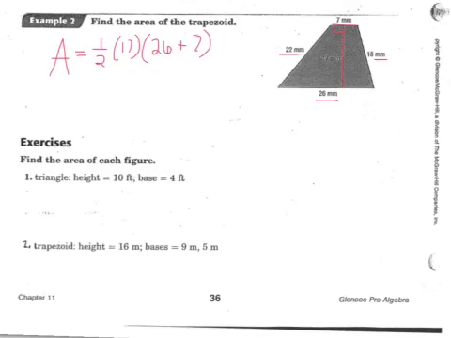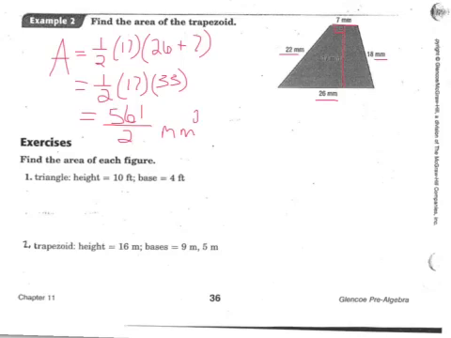So if we simplify this sum, it will be 1/2 times 17 times 33, and we simplify that again, we'll get 561 over 2. And let's not forget to have our square millimeters on the end.